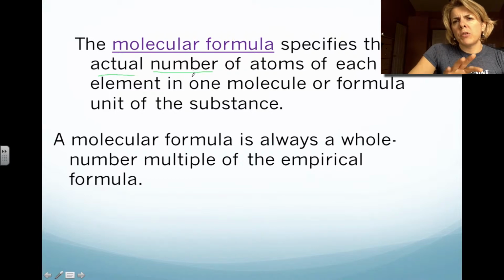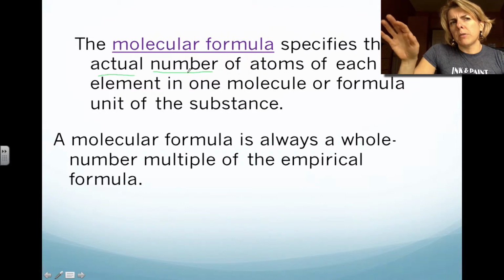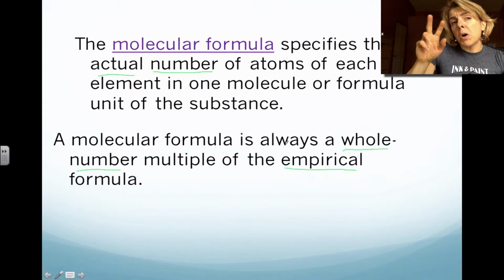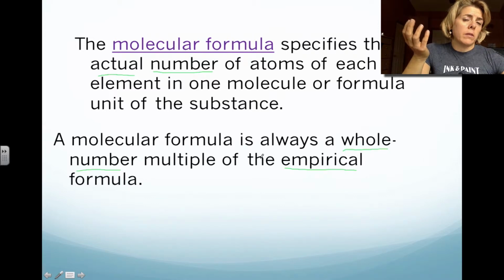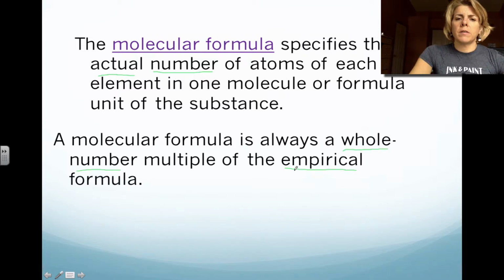Notice with H2O2, there's 2 of each atom. If we divide the whole compound by 2, we end up with HO. So please note that a molecular formula is always a whole number ratio of the empirical formula. It may be 1 to 1, it may be 2 to 1, it may be 3 to 1, and so on. So I'll show you an example of this.